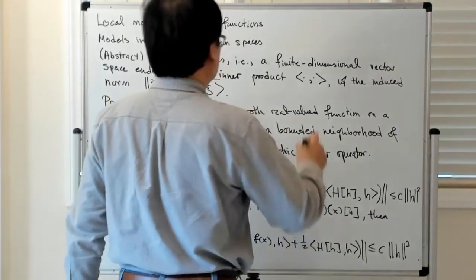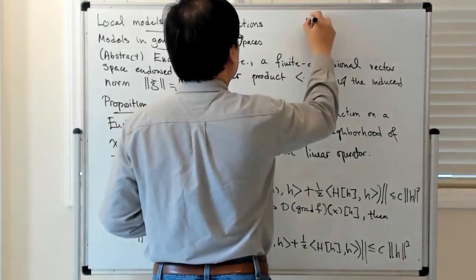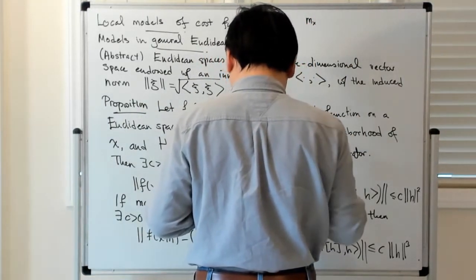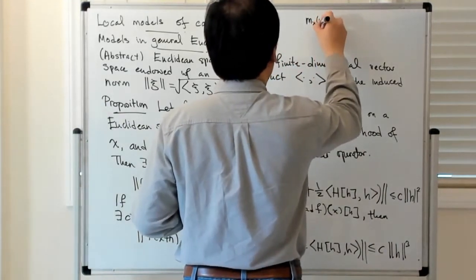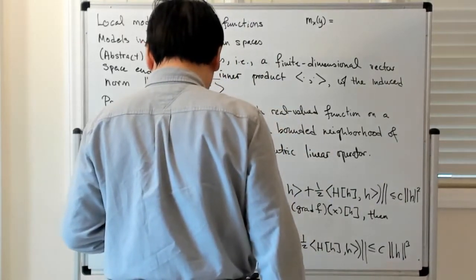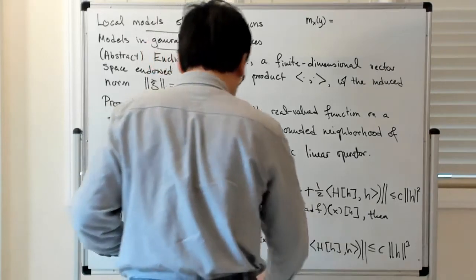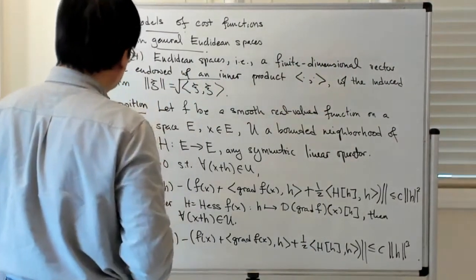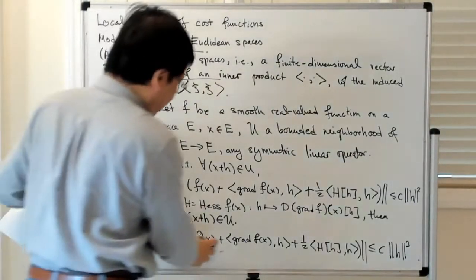I'm just going to write this model here as m_x at the point y. Well, maybe just write this down.